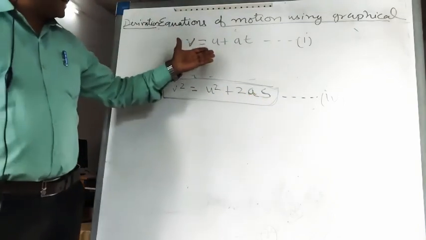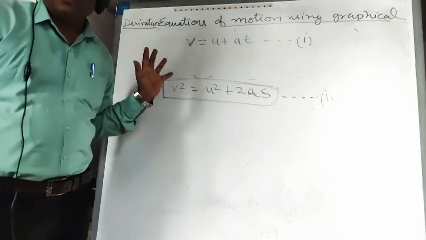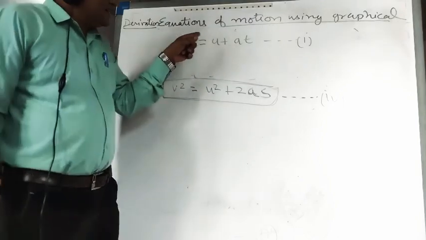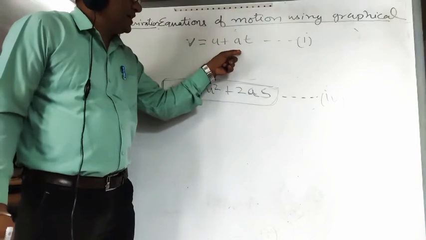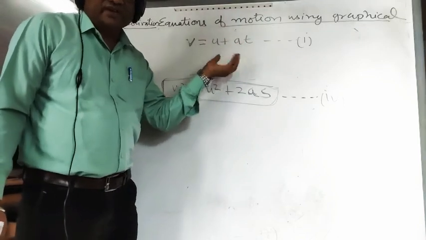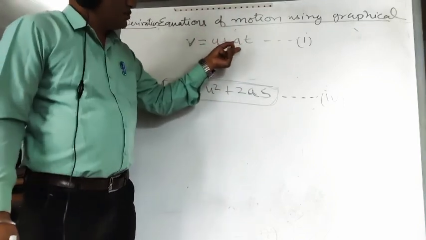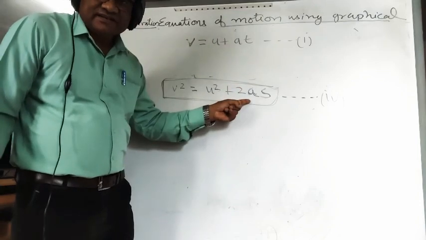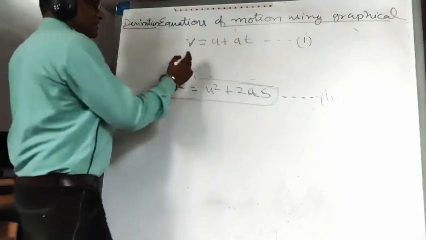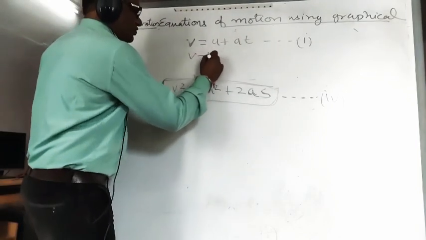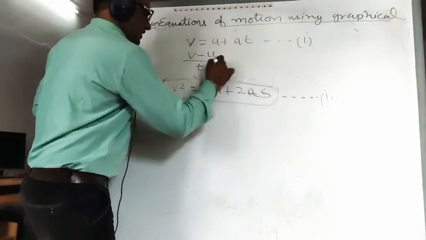Now we will first find out the value of a, and put it into the next equation. Can I say v minus u upon t is equal to a?